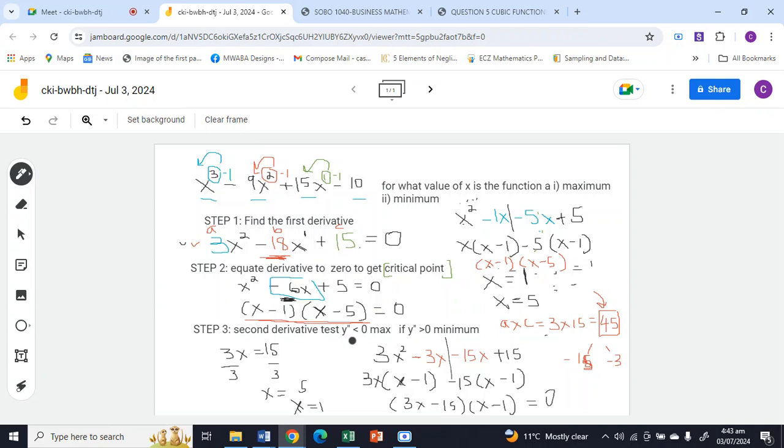I know it would be tempting, since you're saying less than 0, so it looks like a minimum, but no. If you plug in those values and the value that you get is greater than 0, then you have a minimum. So let me illustrate what I'm talking about.